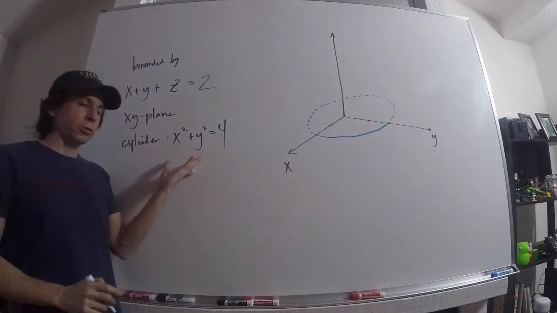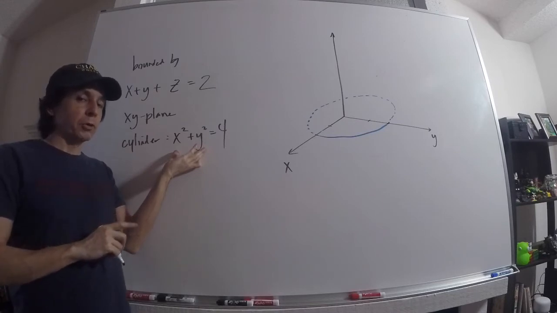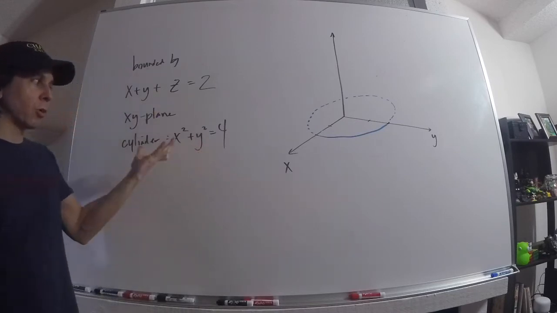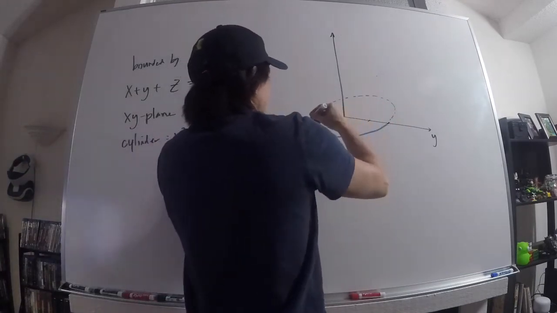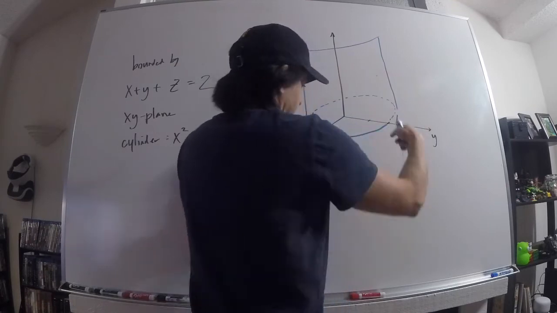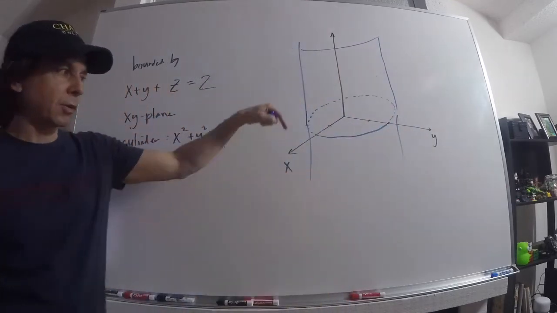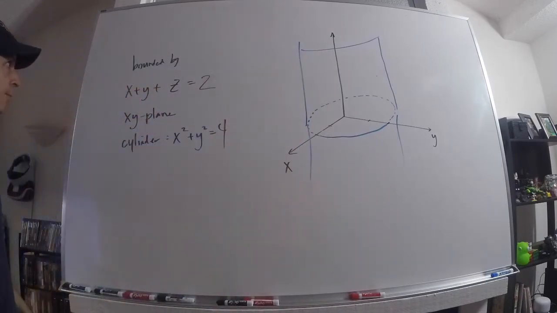This is 3 dimensions, and this is specifying that x and y have to always have this relationship. But z could be anything. There's a z coordinate for all the points, so it has to be on that, but z could be anything. So it ends up being this cylinder that extends from negative infinity on z up to positive infinity on z.